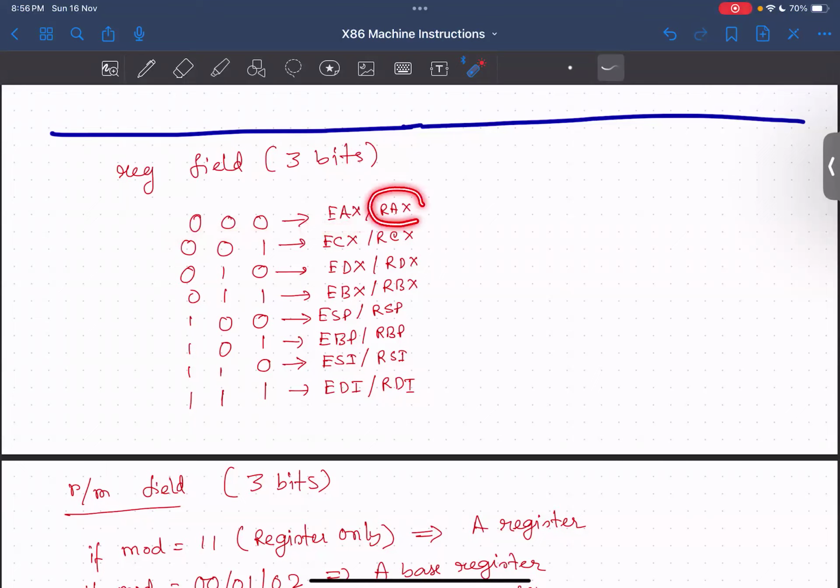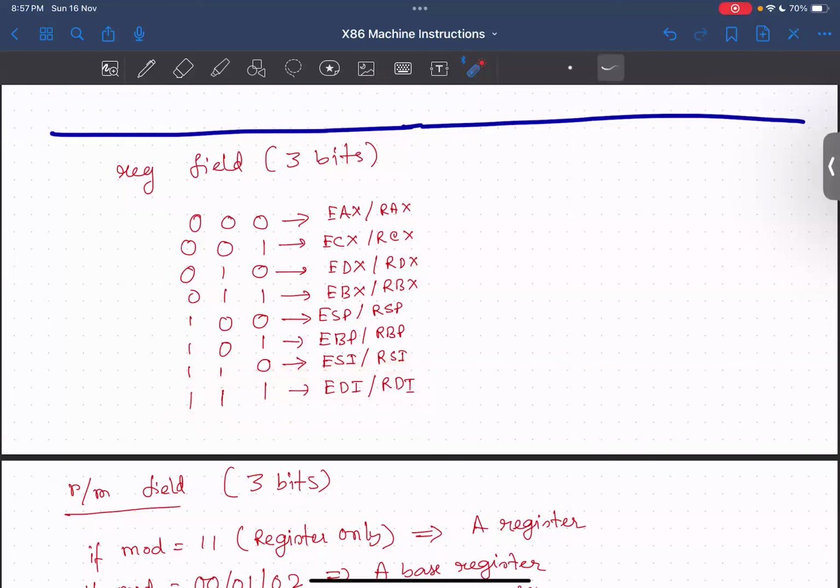If it is 64-bit, you can consider it equivalent to RAX. Then 001 is for ECX or RCX, 010 for EDX or RDX, 011 for EBX or RBX, 100 for ESP or RSP, 101 is for EBP or RBP, 110 is for ESI or RSI, and 111 is for EDI or RDI.